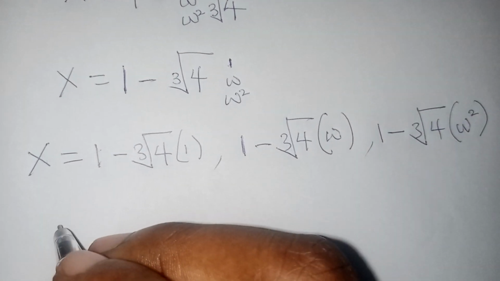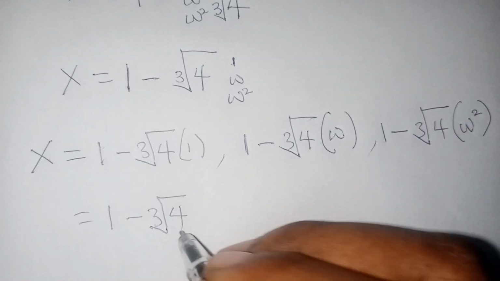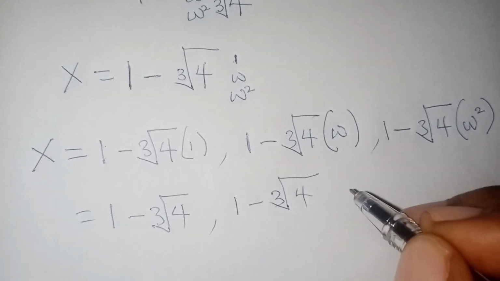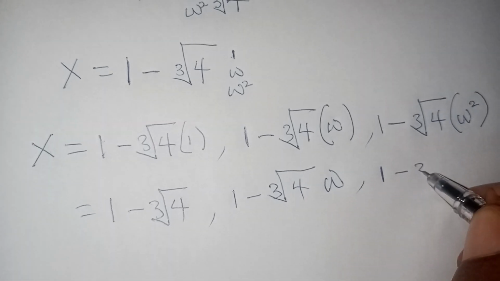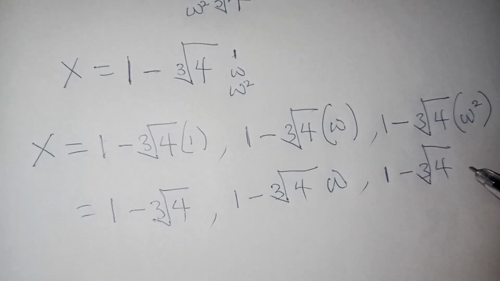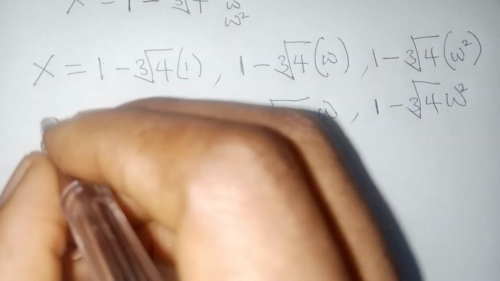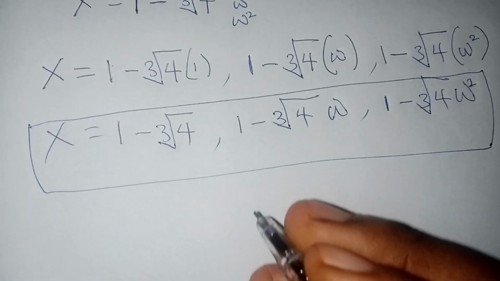So this will result to 1 minus cube root of 4, comma, 1 minus cube root of 4 omega, 1 minus cube root of 4 omega squared. Now these are the values for x.